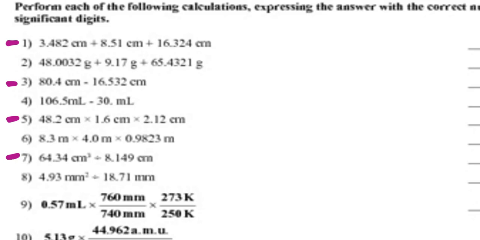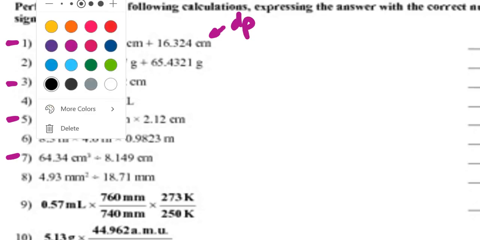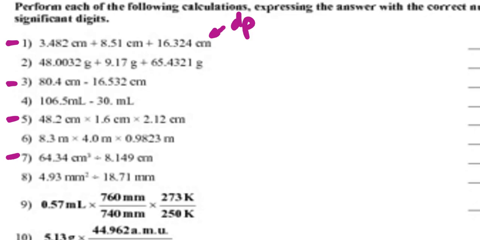So 3.482 centimeters plus 8.51 plus 16.324. So remember, since we're adding, we're going to be tracking decimal places in this particular problem. So let's see, 3.482. So 482, that's 3 decimal places. 8.51, 51, that's 2 decimal places.